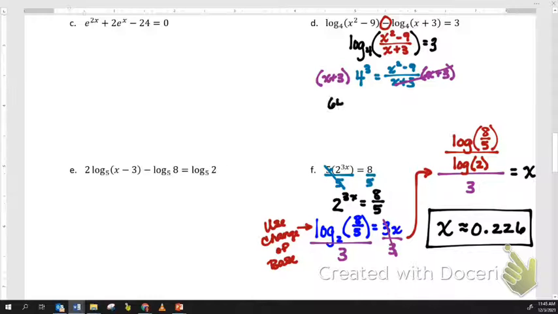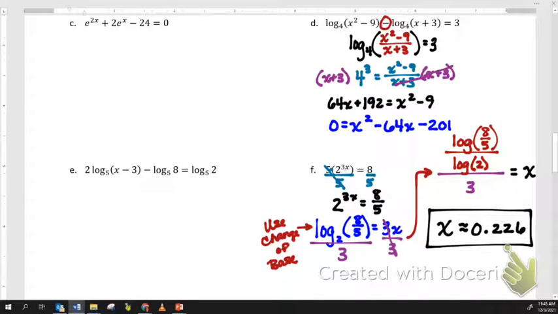So I'm going to have 64x plus, I think this is 192, equals x squared minus 9. Okay. Say somebody correct me if I'm wrong. We're quadratic. So I'm going to set it equal to 0. 0 equals x squared minus 64x minus 201.